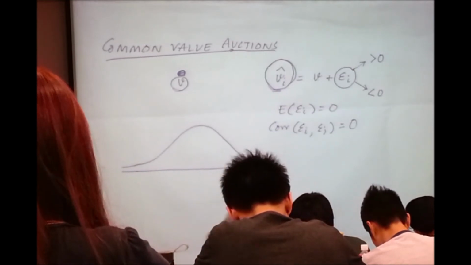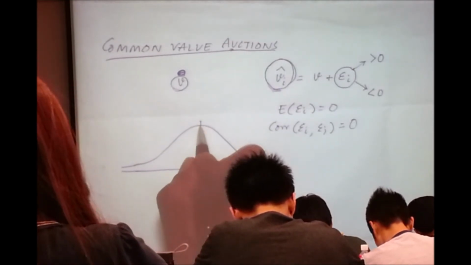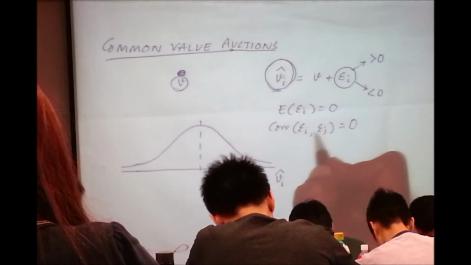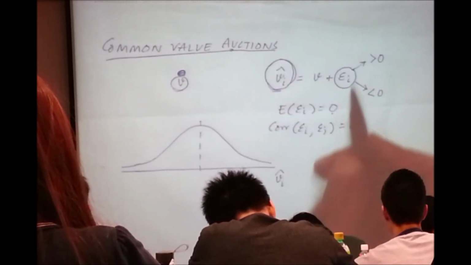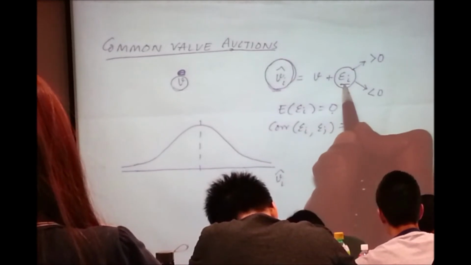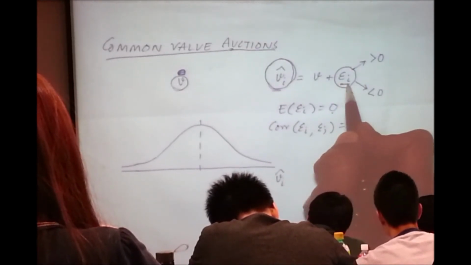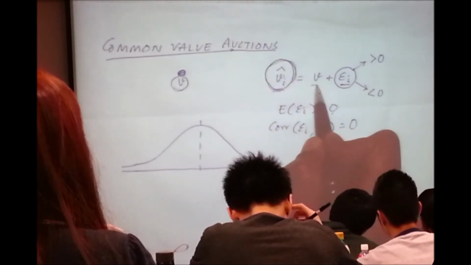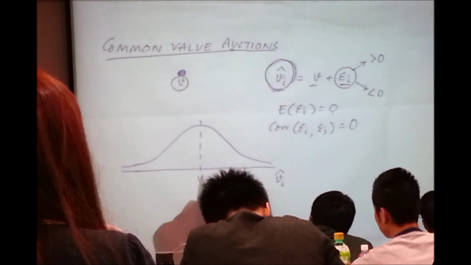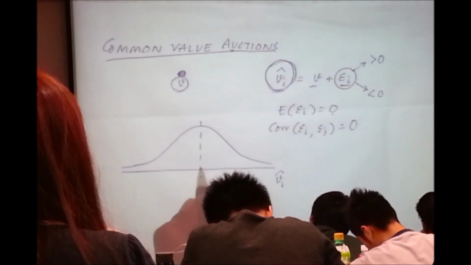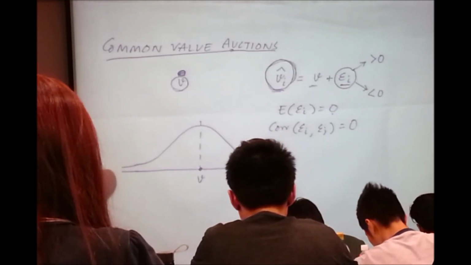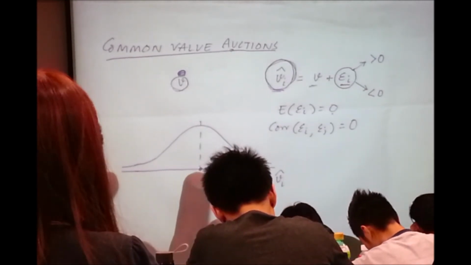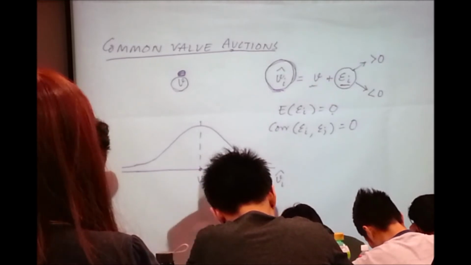There will be some overestimates, some underestimates. My assumption is that the average estimation error is 0. When the estimation error is 0, the estimate is equal to the true value. So let's call this the true value. This is the mean of the estimates, all the estimates added up and divided by the number of estimates. This average value of the estimate is equal to the true value.